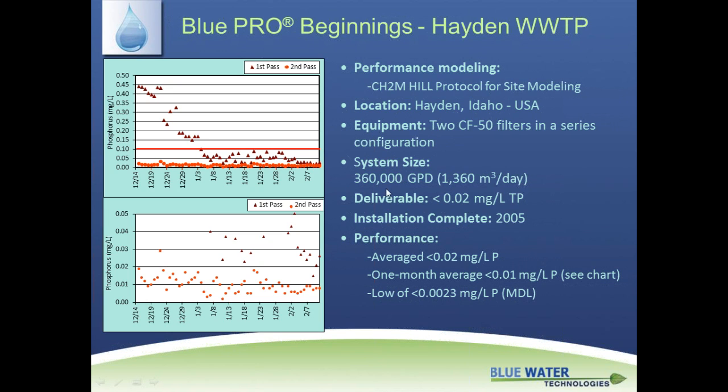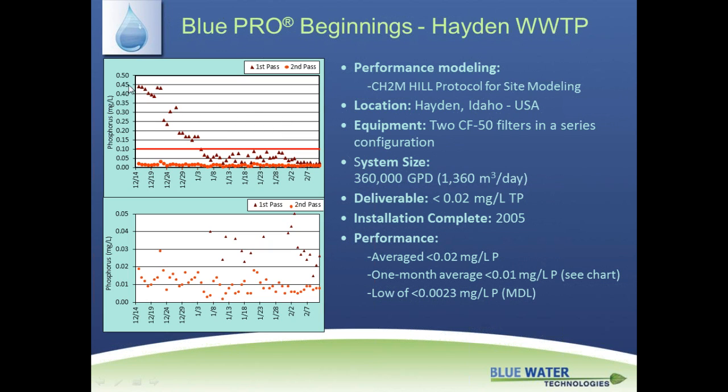It's a 360,000 gallon per day system, so a relatively medium or smaller size plant, but some very good operation history. And I've been talking about element residuals down to the microgram per liter limits.